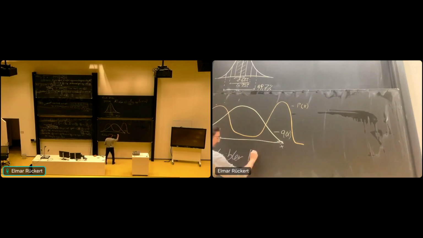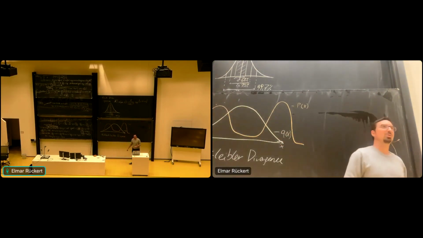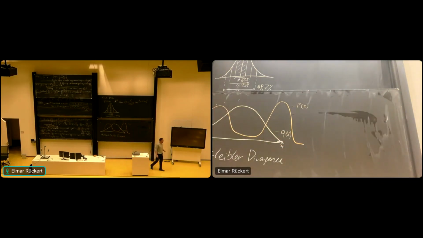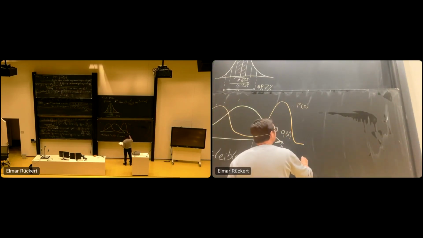So the Kullback-Leibler divergence, it's like the Euclidean distance for probabilities, for distributions. So it's a distance measure. And it exists for continuous distributions, but also for discrete distributions. There are different notations.